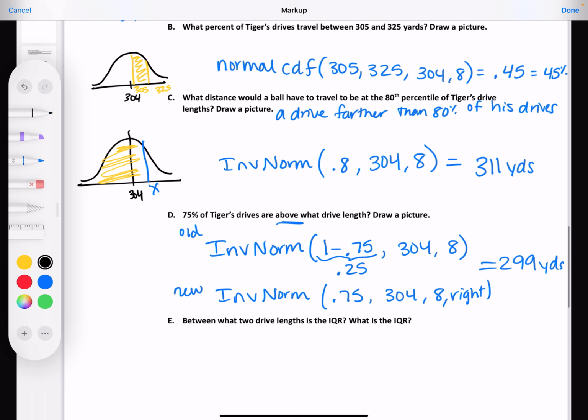So with this one, because it wants above what drive length, again, the middle is at 304. So we're looking at above what drive length, we're looking at everything on the right side.